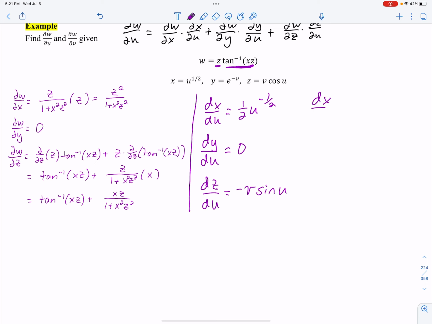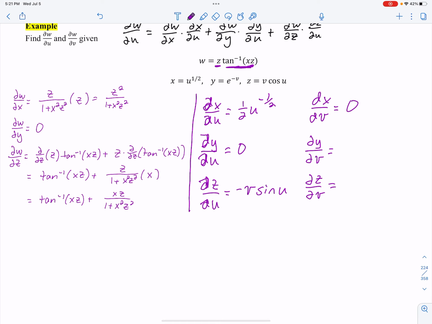We also need dx dv, dy dv, and dz dv. These should all be curvy, all partials, so go ahead and fix that. They're partials because the whole problem has both independent variables.